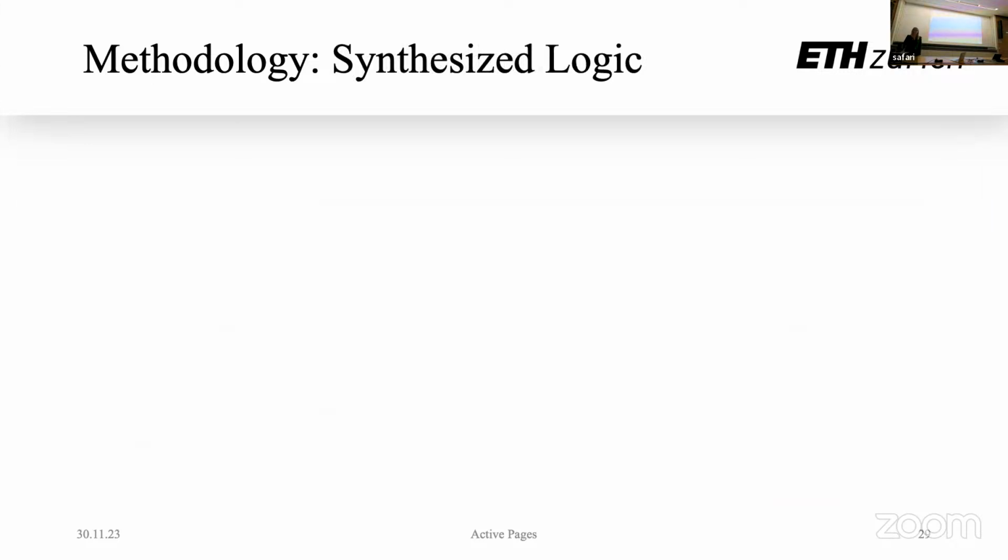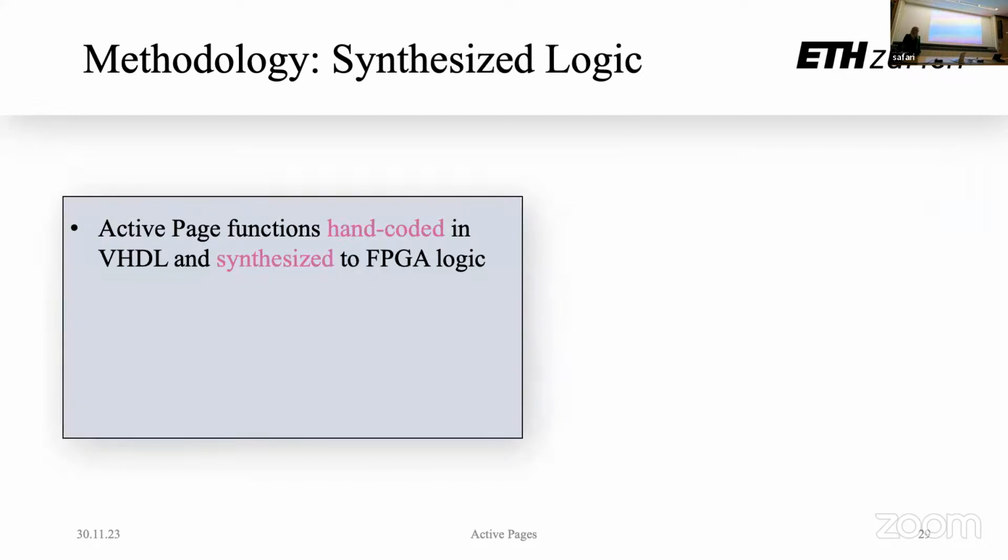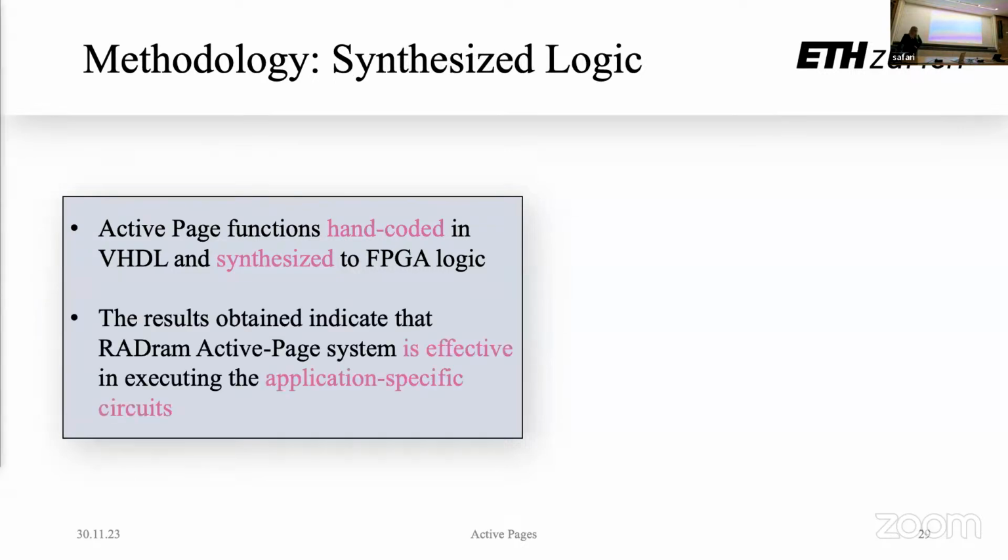Now to the last step of the three-step approach to evaluate active pages. As I've explained earlier, the applications are implemented and hand-coded into VHDL and synthesized to FPGA logic. The results of the synthesized FPGA logic give the authors information on how to design the RDRAM system.